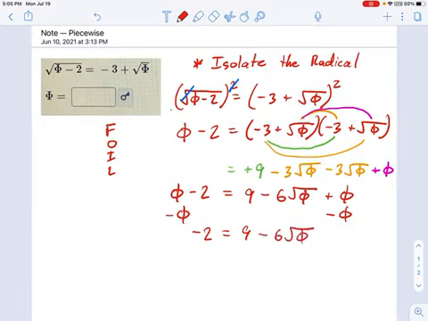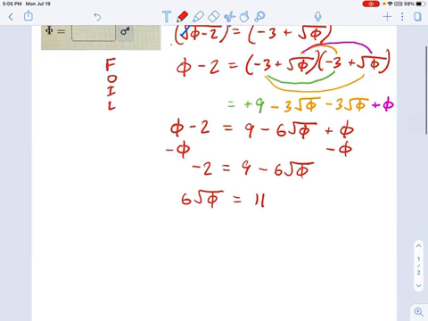Great. Rearrange this a little more. 6 square root of phi equals 11. That's nice. Now, did I add everything right here? Looks okay. All right. 6 radical phi equals 11.